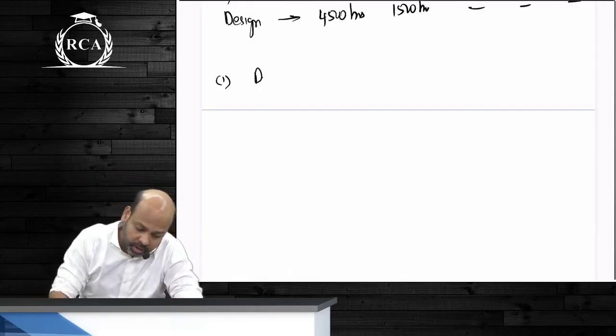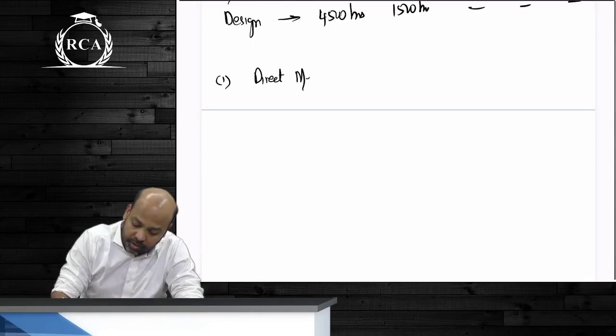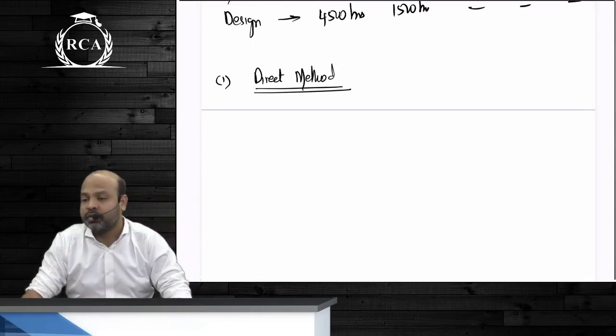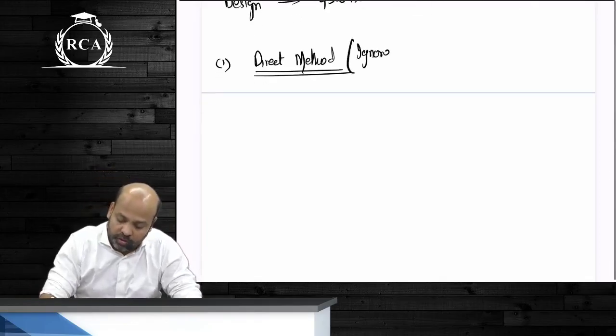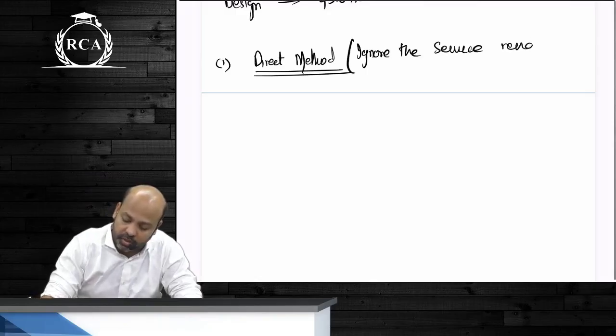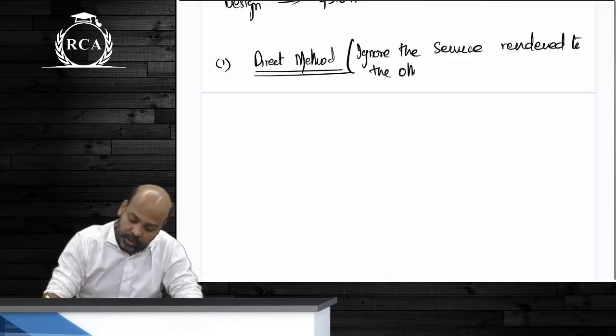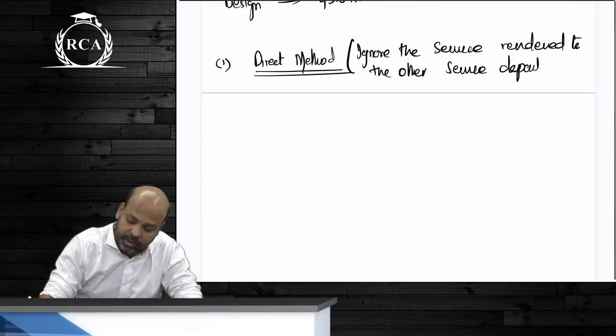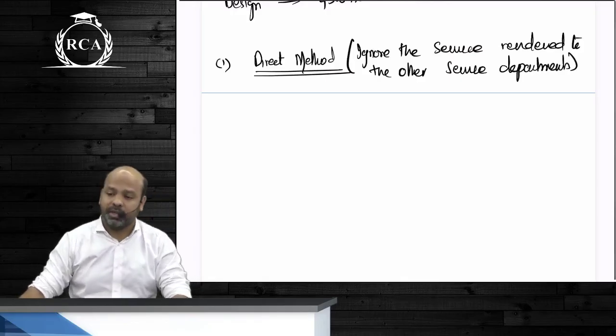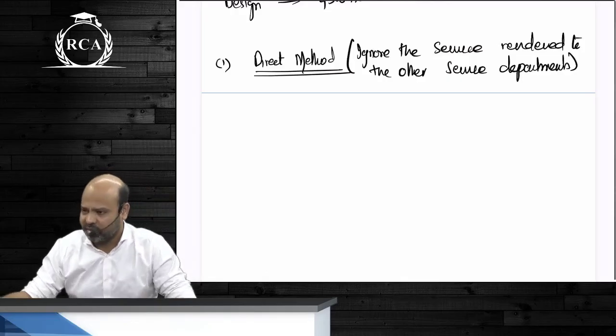Under direct method, what should I ignore? Service rendered to the other service departments. Are we clear, guys? Ignore the service rendered to the other service departments. In direct method, when you show statement of reapportionment, there's no point in writing service department columns also. You can eliminate them.